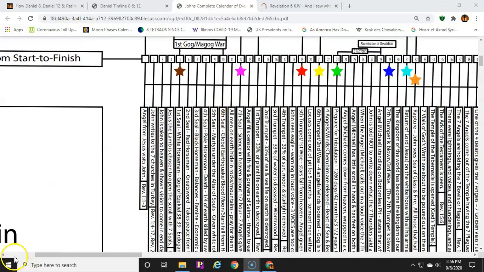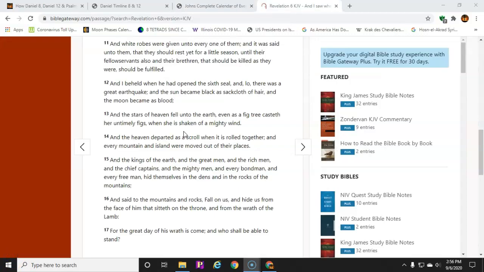You look at that 6th seal. So if you look at that 6th seal terminology, it tells us when he opens that 6th seal, there's a great earthquake that affects the whole world. The sun becomes black as hair or sackcloth. The moon becomes blood.